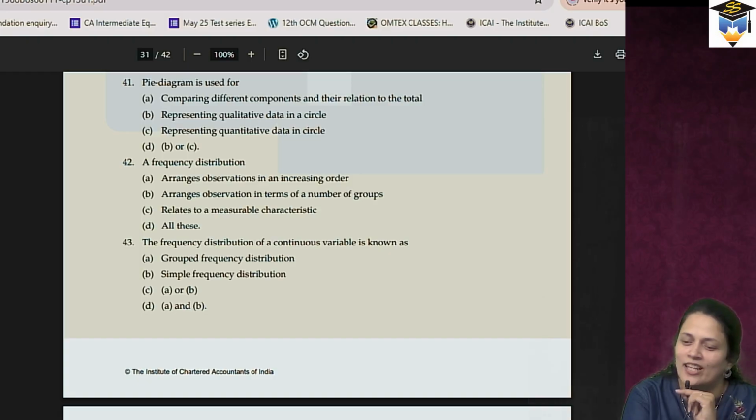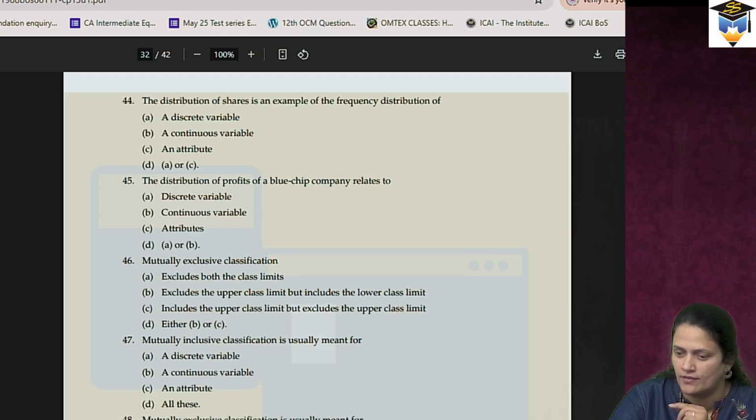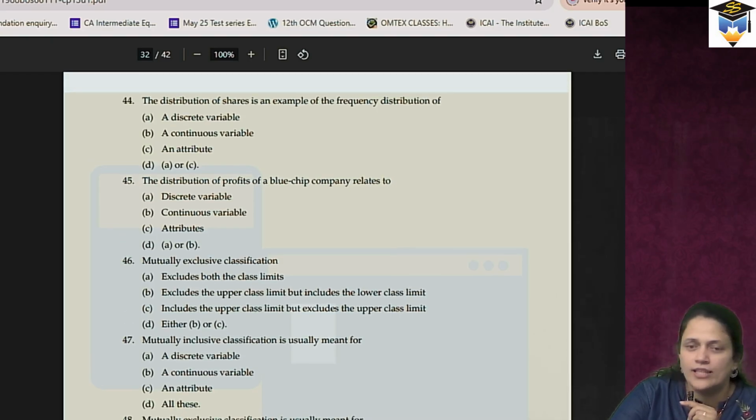Next, frequency distribution of a continuous variable is known as group frequency distribution. A. Okay, now 44, tell me the answer. Who will tell me? Bhavika.